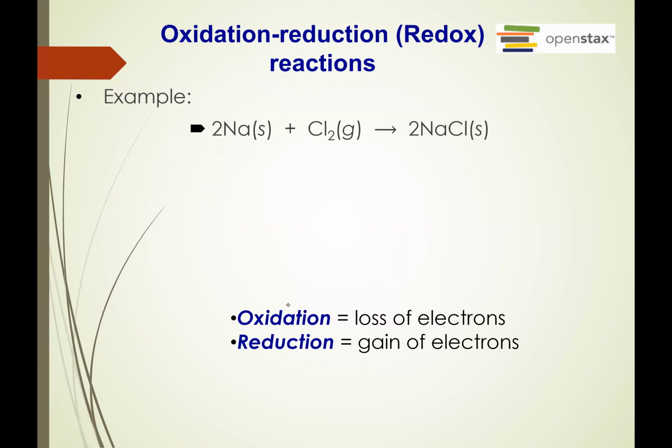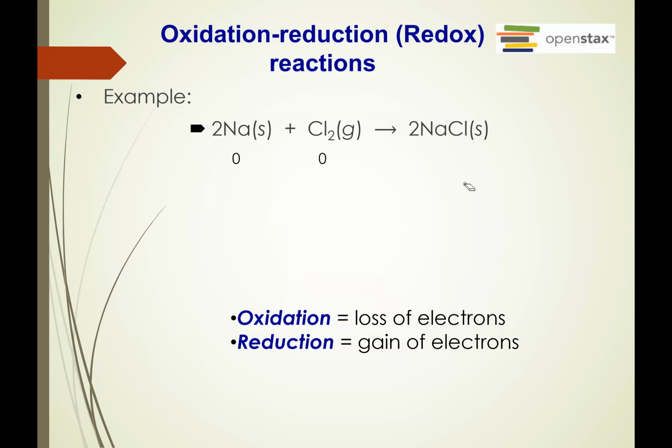Now, let's practice with these. Okay, so what is the oxidation state of sodium all by itself there? If it's all by itself, its oxidation state is 0. Chlorine, all by itself. If it's all by itself, what's its oxidation state? 0. Now it's part of an ion, so we just do it regular.